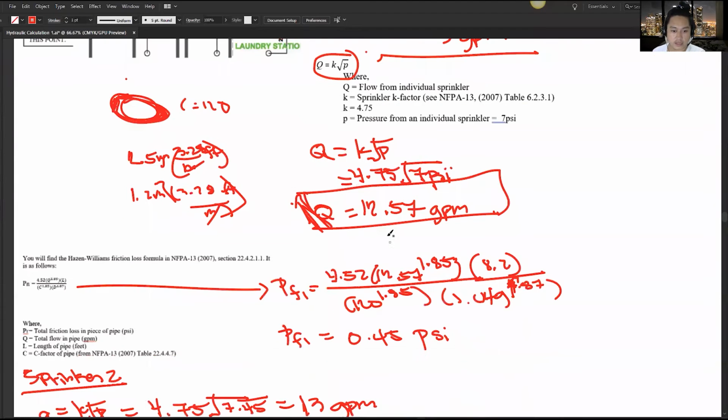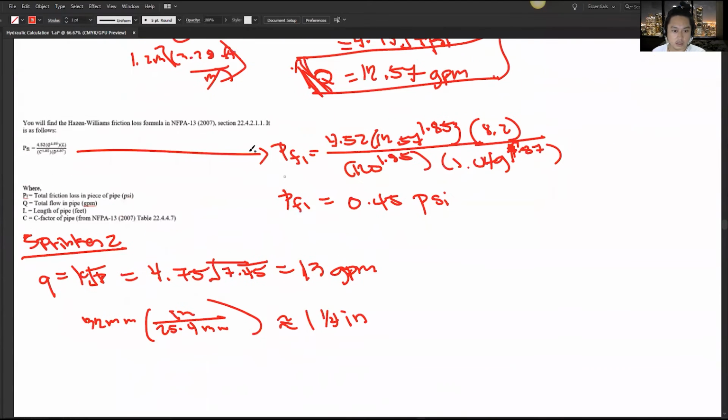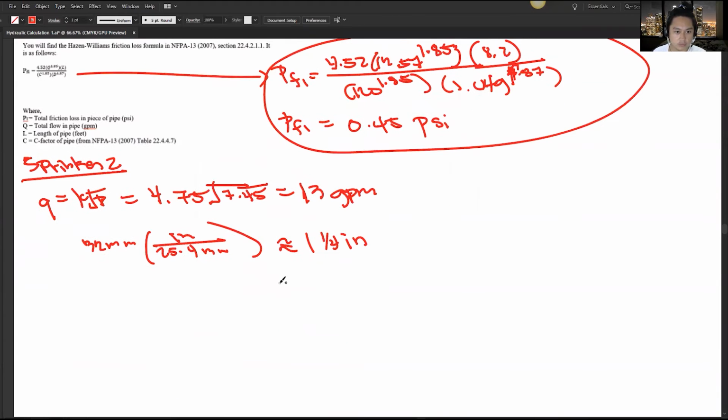Now we can solve for the pressure loss through the pipe. Our equation for that is this one. So PF2 is equal to 4.52, which is constant if you recall this equation here, times Q. Again, this is the Hazen-Williams friction loss formula. It can be found in NFPA 13.